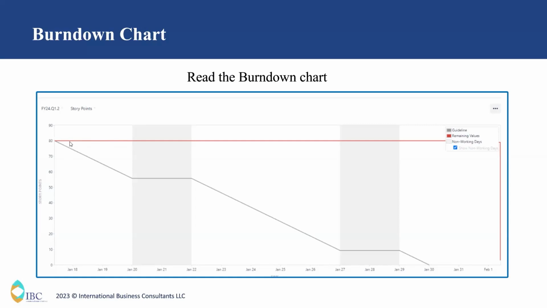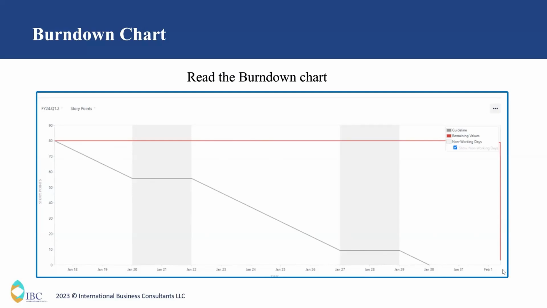Only if the line is decreasing does it mean the team is progressing. But here the line is very straight. We cannot see any committed issues completed in this graph. The date is also passed, Jan 30 is passed, and only by Feb 1 the team completed all the 80 issues.